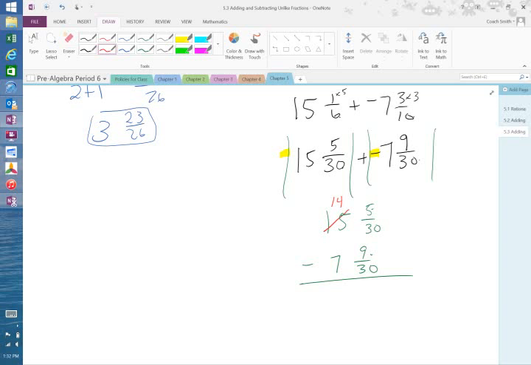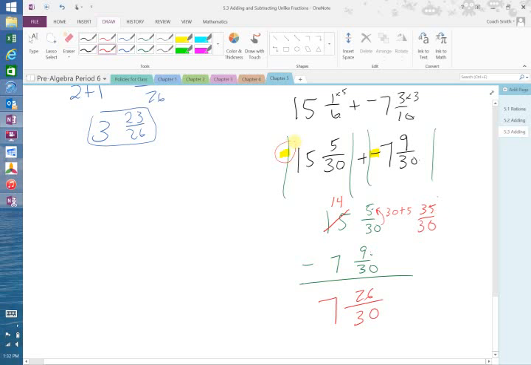I have to borrow one from the 14, so I add 30 to the 5. So I take 30 plus 5, and that gives me 35 over 30. Okay, 35 minus 9 is 26 over 30. 14 minus 7 is 7.